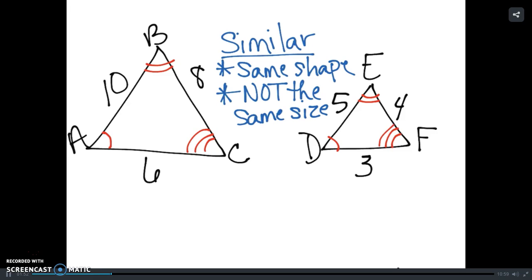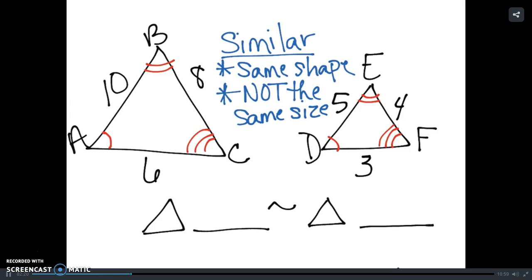All right, now we're going to talk about how we would write out a similarity statement. Remember when we wrote out congruency statements, that was when it had the little equal sign here. We're not going to have that this time. It's just going to have the little wavy line. When we're talking about a similarity statement, we need to be able to match up our corresponding angles and our corresponding sides, the same way that we did with the congruent ones.